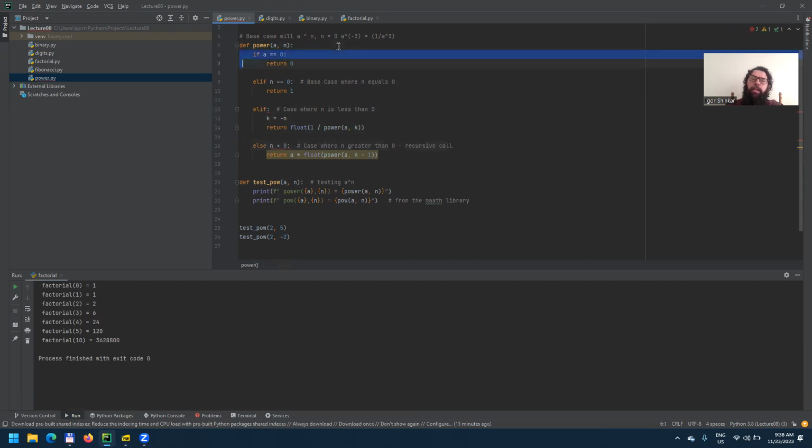So the first three cases, this is the base case. This is handling the case a equals 0. This is handling negative n, and this is the actual recursion. So let me put the actual recursive call here. The function is slightly more complicated, but basically this is the recursive call.